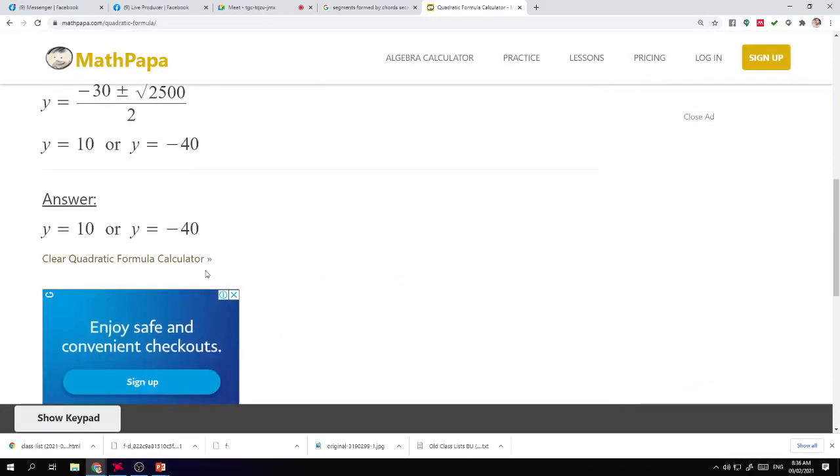Oh, here is our answer, section zircon: 10 or negative 40. Now, disregard the negative answer, since we have no negative length. So, meaning, which is the answer, 10 or negative 40? I'll be using 10.